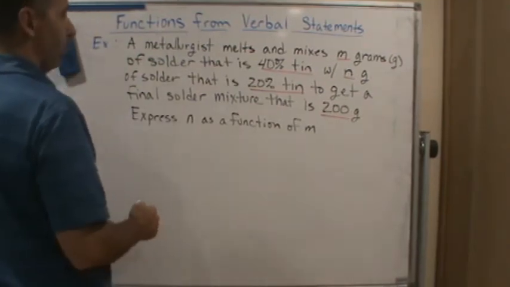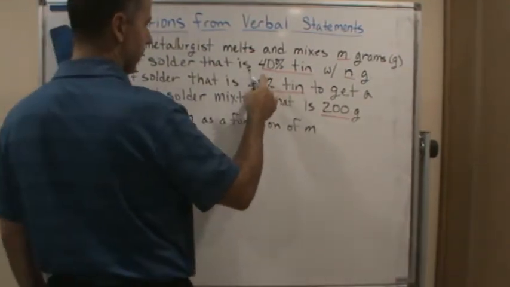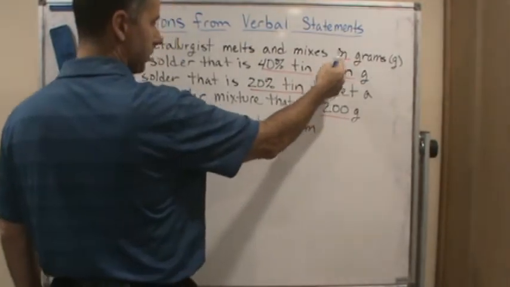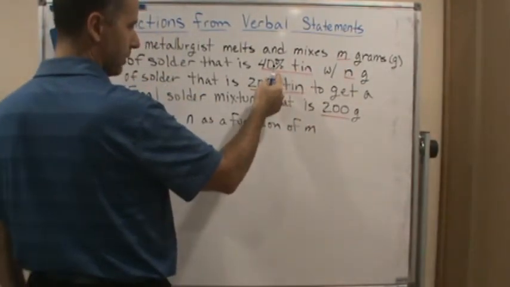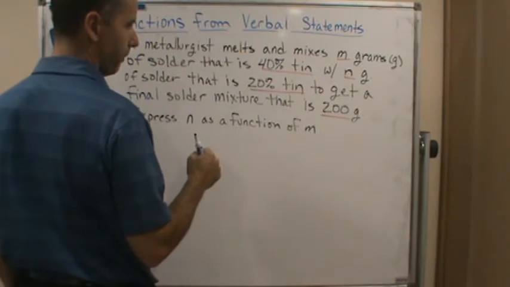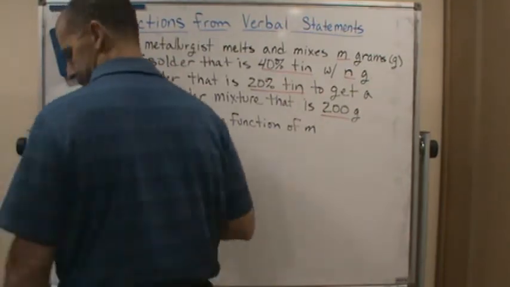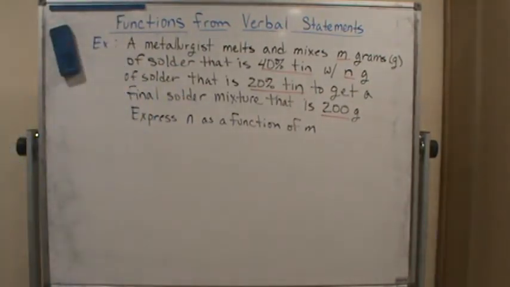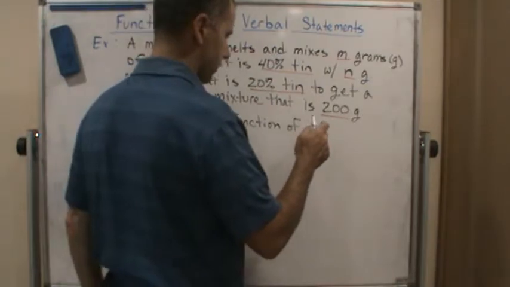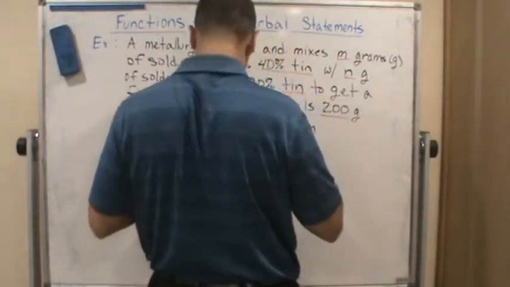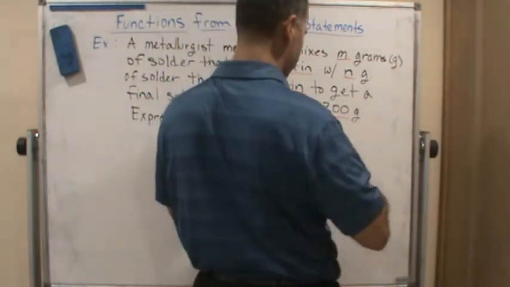And so what do we know? Well, we know that we have m grams that is 40% tin. Hold on a second. Let me make sure I'm getting this right. Sorry, this is 200 grams of tin. I knew I was missing something.